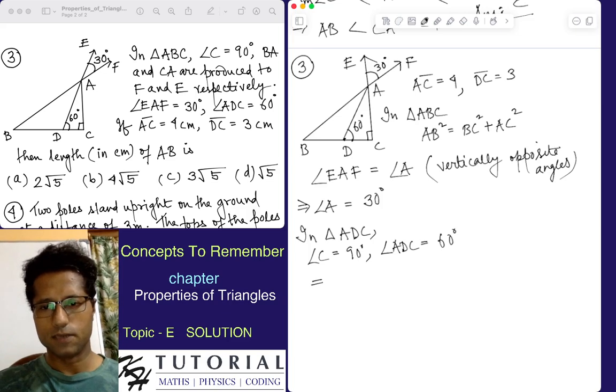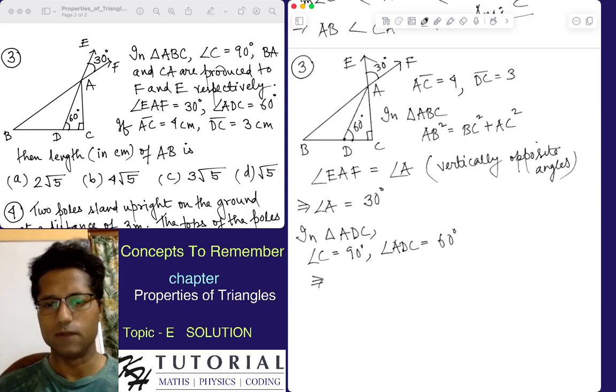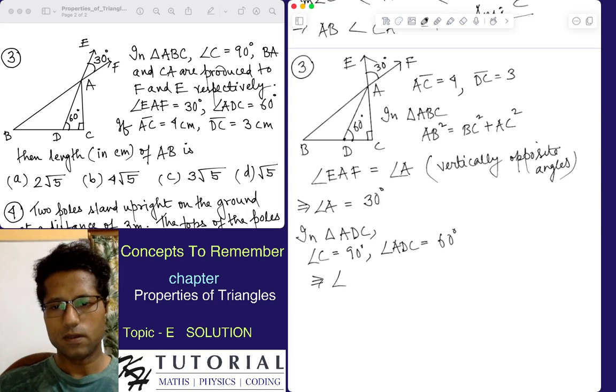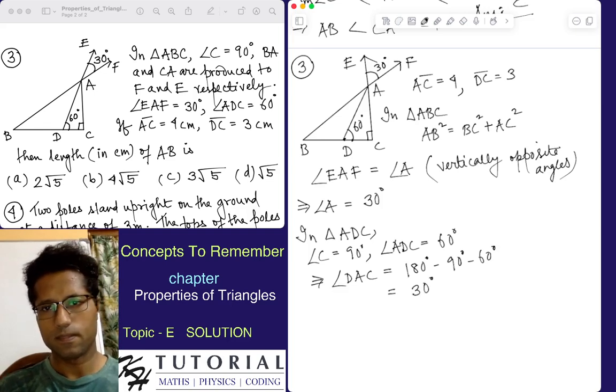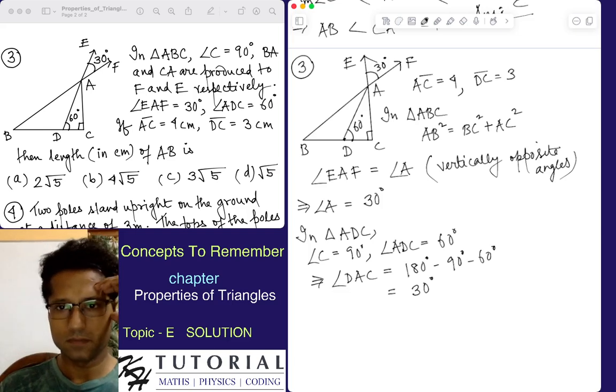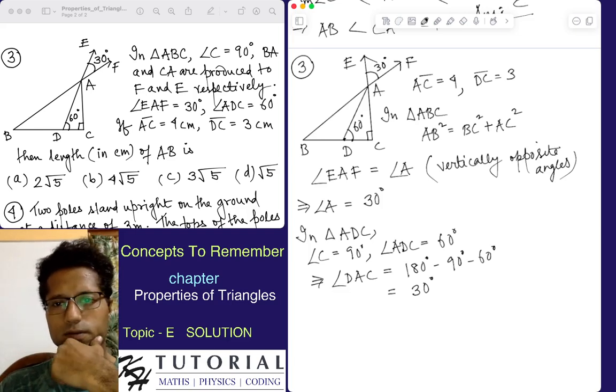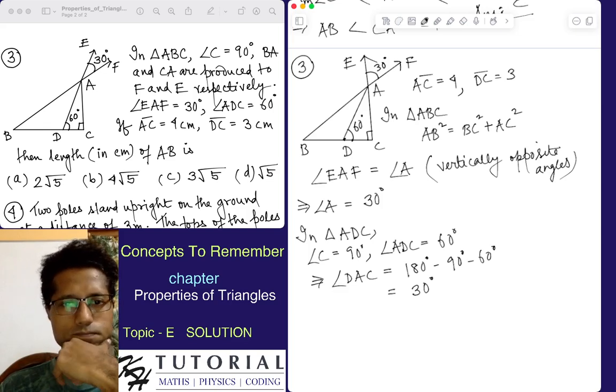So this implies, since the sum of the angles of a triangle is 180 degree, we must have angle DAC equal to 180 degree minus 90 degree minus 60 degree, which is equal to 30 degree. How come? No. Angle A is 30 degree. How come angle DAC is also 30 degree? Something wrong.